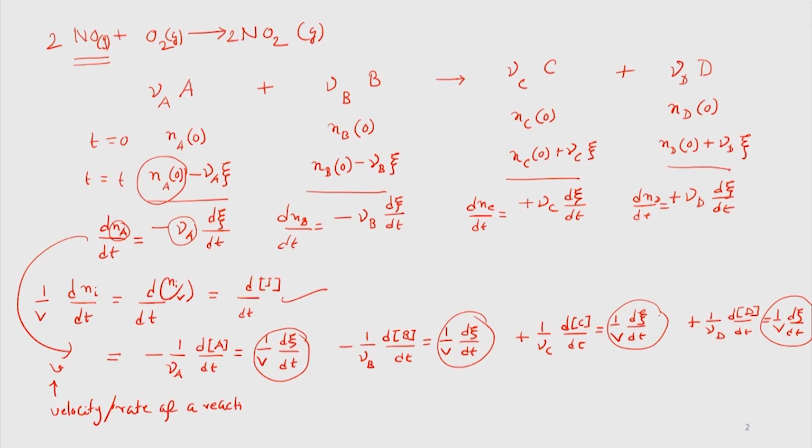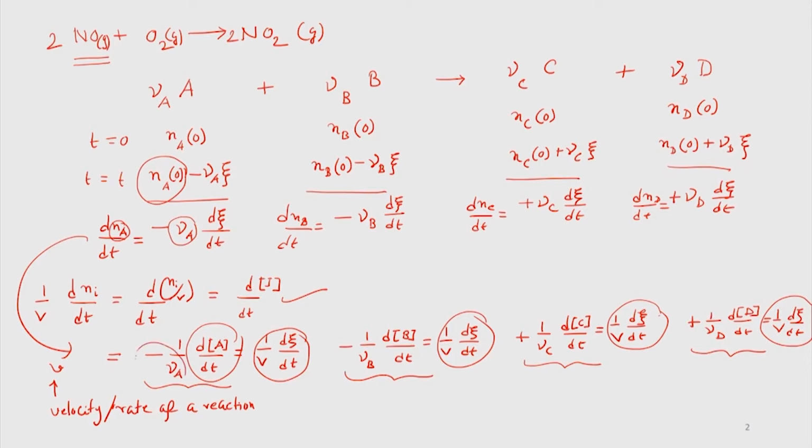So, the reaction rate can be expressed in terms of either A, which is a reactant, or B, which is also a reactant, or C or D, which are products. And every time we write it, we are writing the rate of change of that particular species divided by the stoichiometric coefficient.